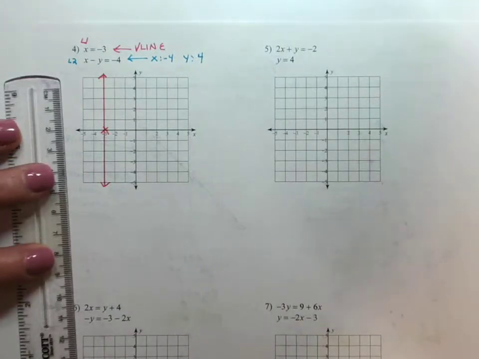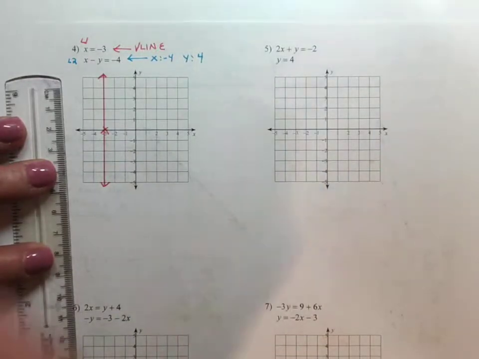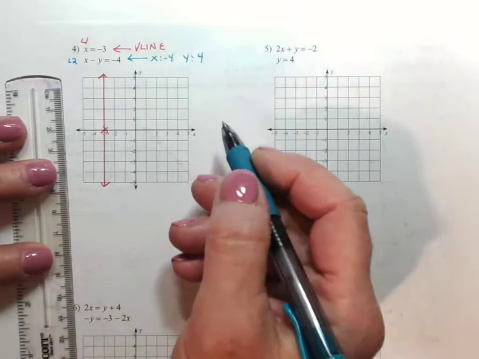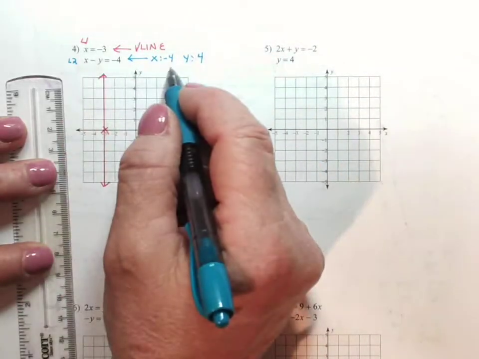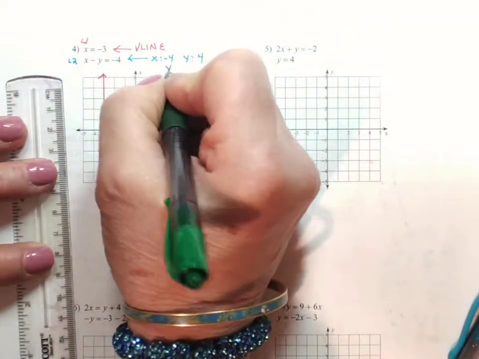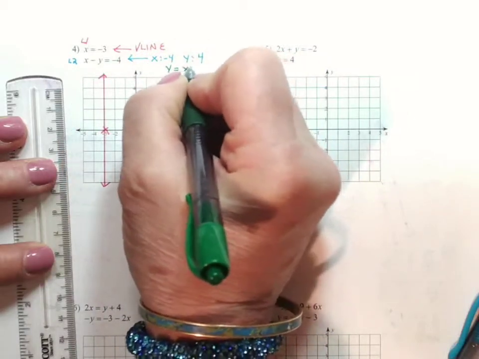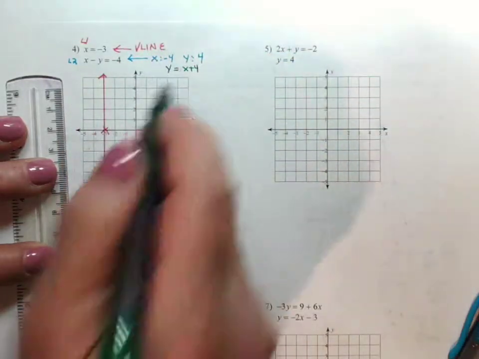And when you graph these, just to make sure that you can graph them using any method that you want. I'm going to try to do a little bit of both, graphing them with x and y intercepts and graphing them with y equals mx plus b. In this case, if you were to put this into y equals mx plus b, you should get y equals x plus 4. So you could do it either way.